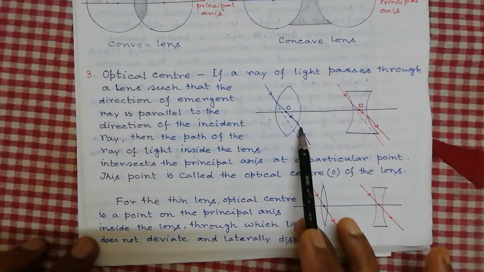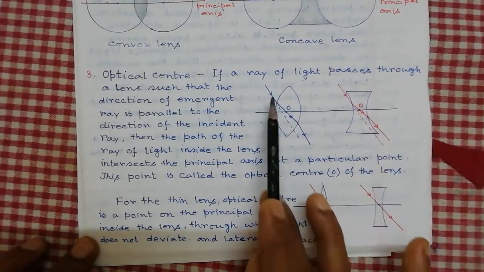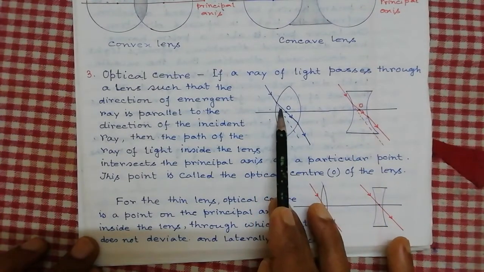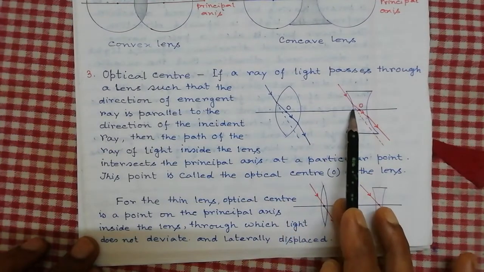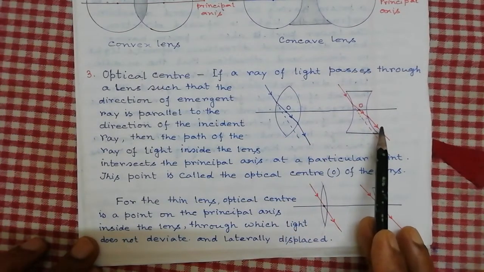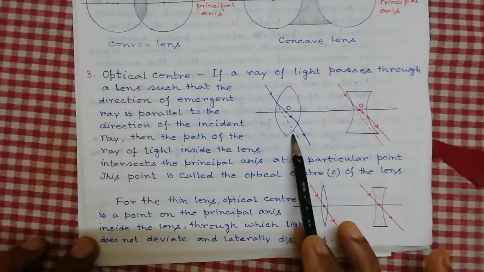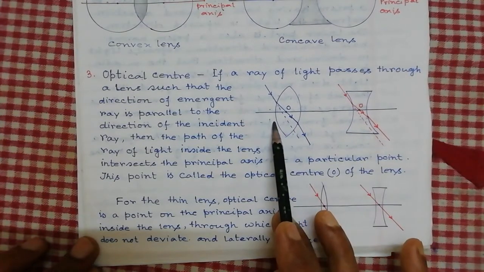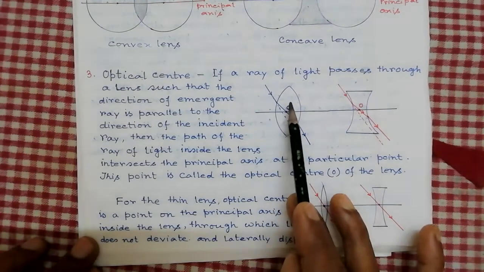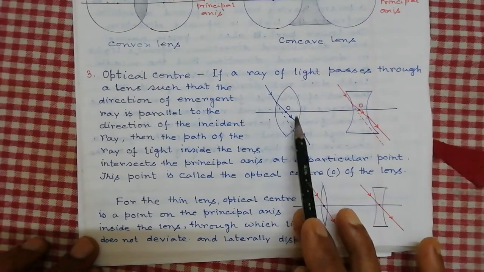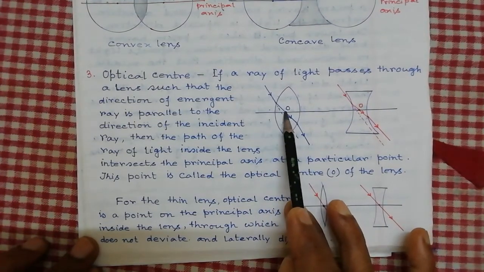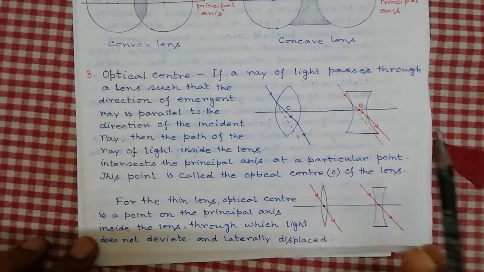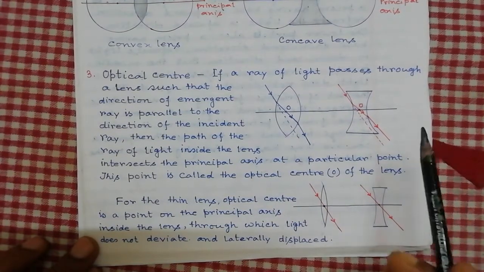If the emergent ray remains parallel to the path of the incident ray, then the light ray inside the lens intersects the principal axis at a point. This point is known as the optical center.